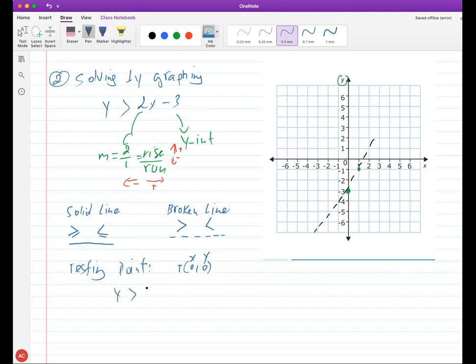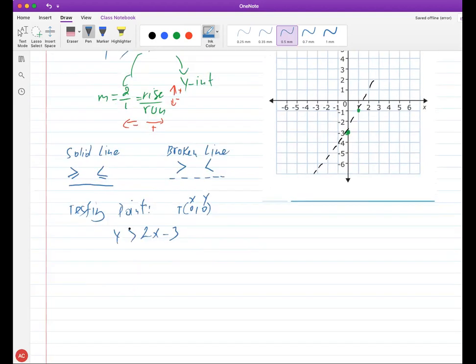So y, both x and y are 0, so y is 0. X is also 0. Minus 3. This cancels out. Based on this statement here, let's see, is this statement true or false? This statement here, is it true or false?